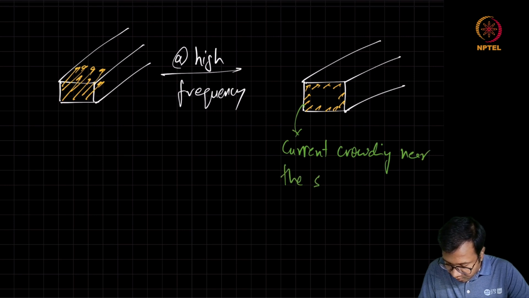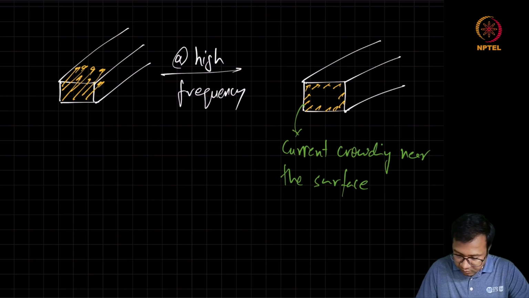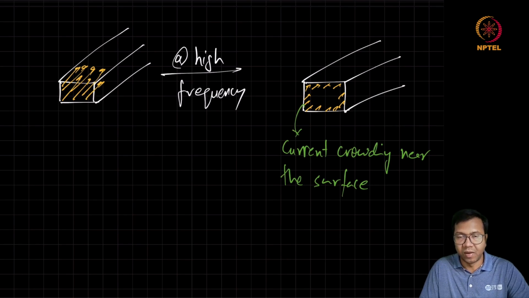Now we can see that the effective cross-section area in which the current is flowing is also reduced. This is called the skin effect, and the end result is there is an increased resistance seen by the current at high frequency.